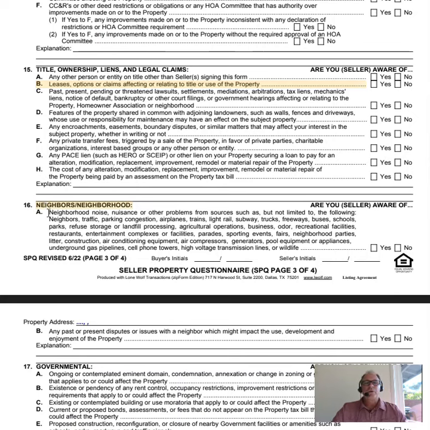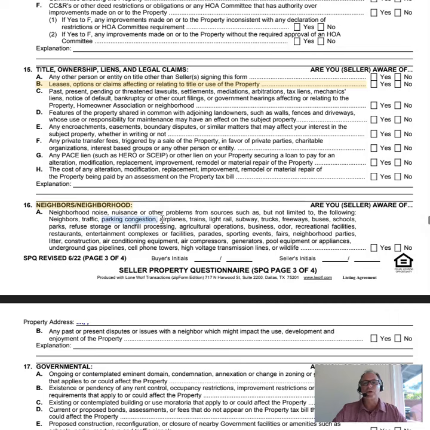Neighborhoods, nuisances. This is a pretty important one you want to really think through, because remember, something might not bother you, but it might bother a new buyer. So you want to basically think through, is anything around my house, the house itself, or anything around it that could be problematic?